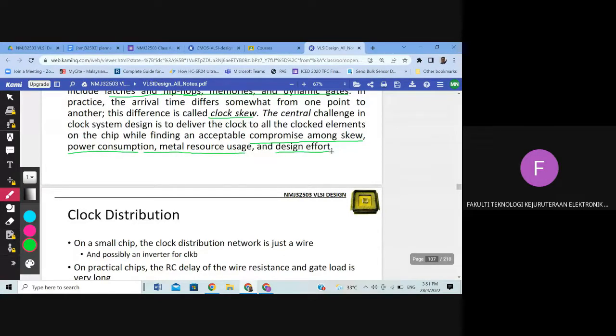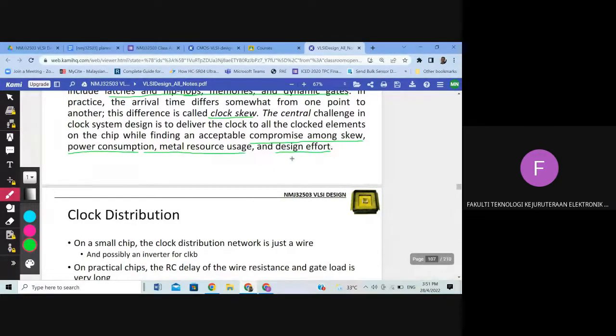Design effort means how long you will need to spend to come up with the chip, and also the expertise. Metal resources are related to the cost and to the delays. Delays also give clock skew, and then power consumption. These are the elements that you need to consider.